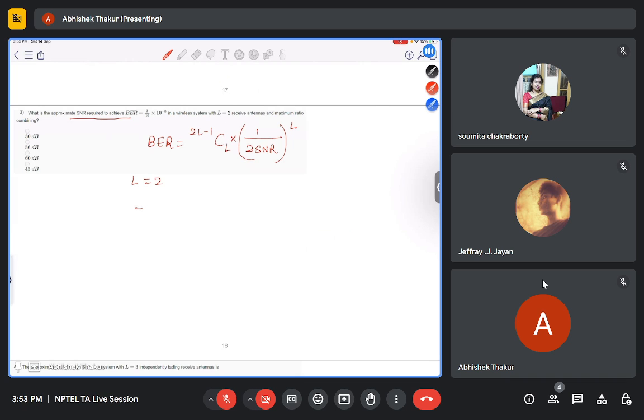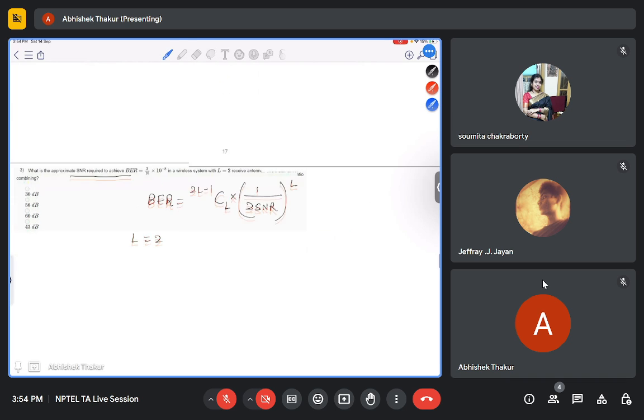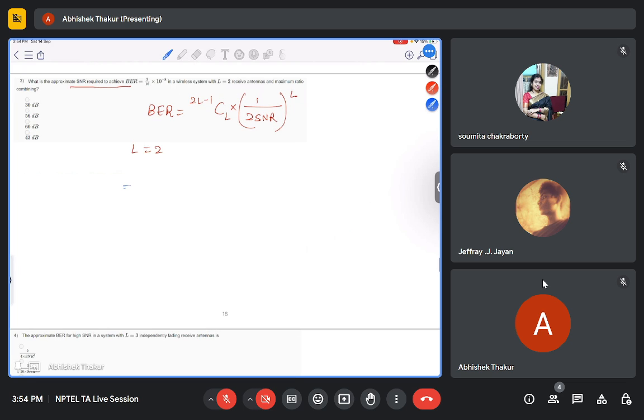So by substituting, we will get 3C2 into (1 by 2 SNR) to the power of 2, and the bit error rate is given as 3 by 16 into 10 to the power of minus 8.